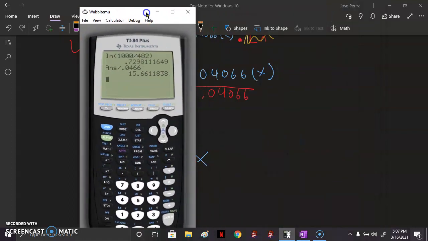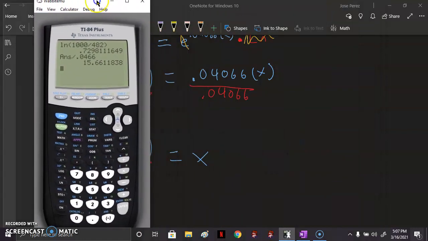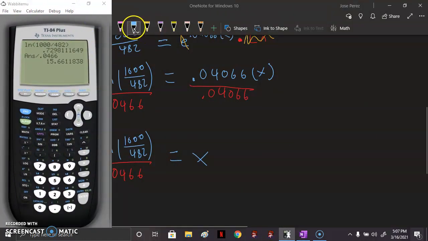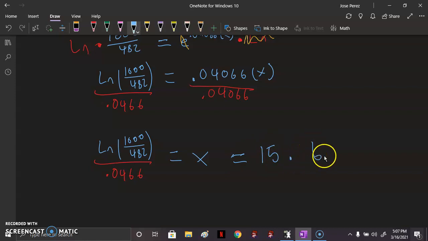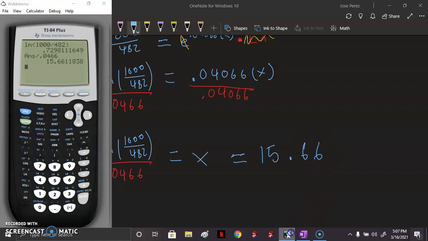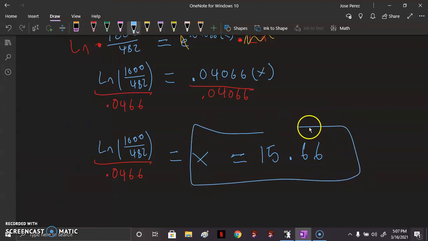And we get about 15.66, which is our answer, which is x equals, that's how many years it'll take.